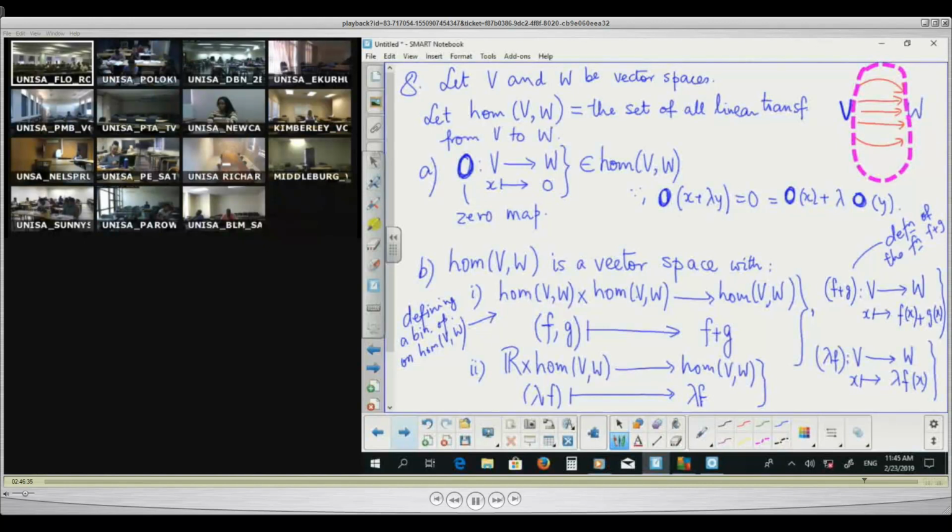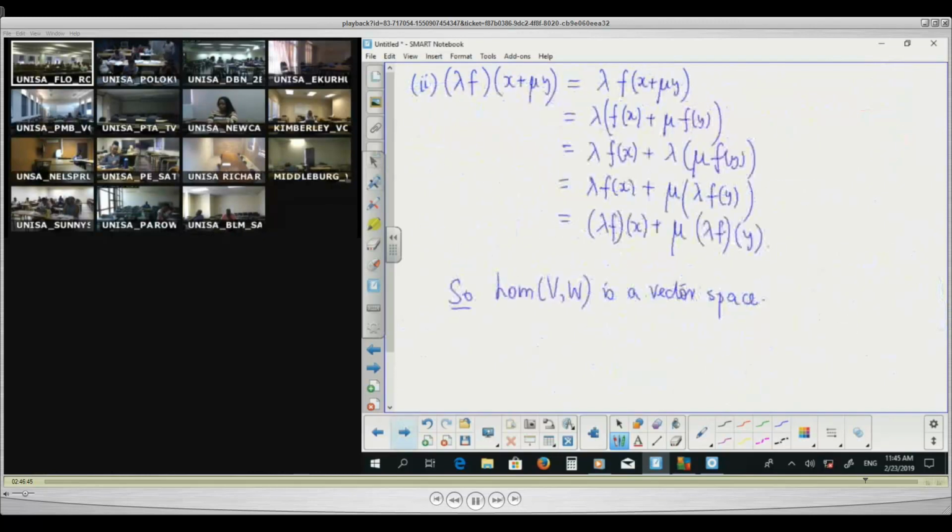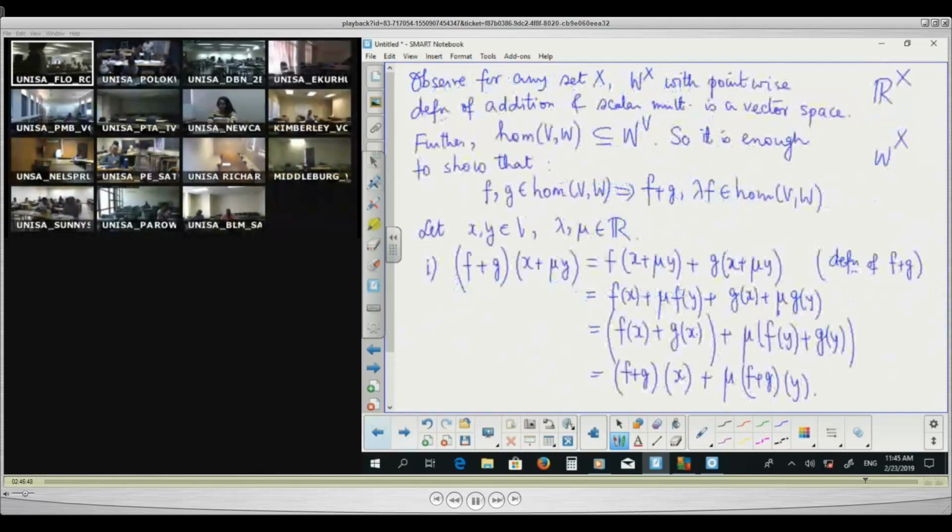And that is the definition of this function. And then I showed here, where is it? Yeah, this is the place where I showed that that function which I defined as f plus g is actually a linear transformation. So by the end of this, I have said that therefore f plus g is actually a member of hom(V,W), if f, g are already members of hom(V,W).